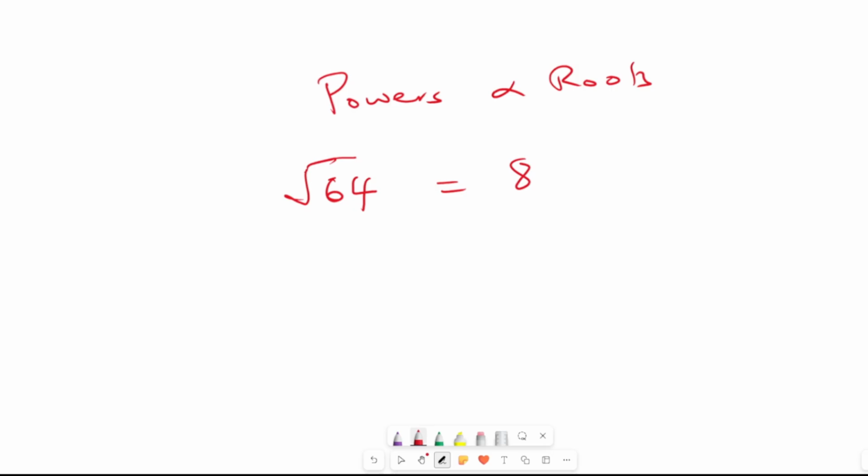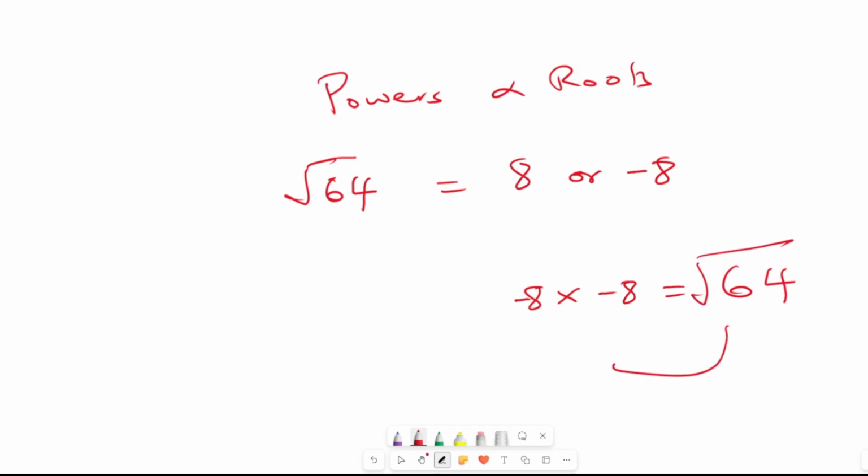But strictly speaking, a good student of mathematics will tell you that the root of 64 is 8 or -8. Why? Because when I multiply -8 by -8, I also get 64. Therefore, the root of 64 can be +8 or it can be -8.